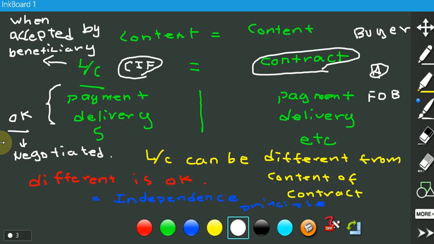So the seller cannot raise objections to this letter of credit by the excuse of not being identical. That's the independence principle.